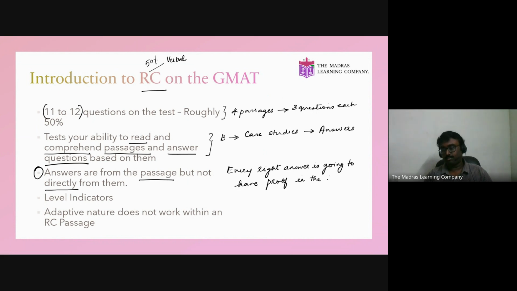This is for sure. Why am I saying this? Because when we solve questions, I'm going to keep asking you this every single time. I'm going to ask you to show me the proof in the passage that's helping you arrive at the answer. So every right answer is going to have some sort of proof in the passage. There's no going back on that.